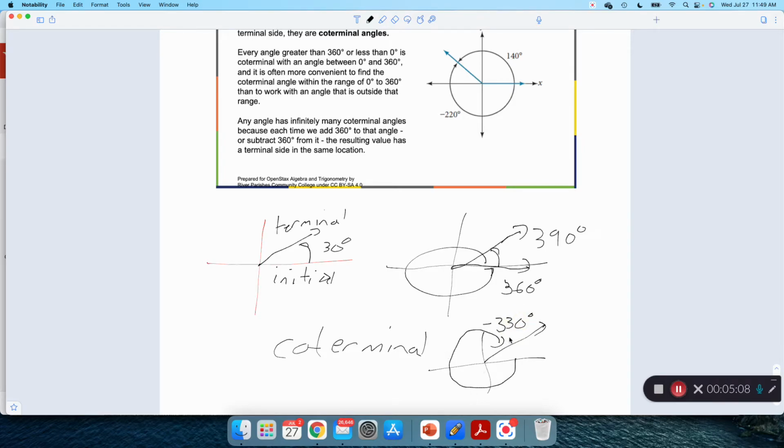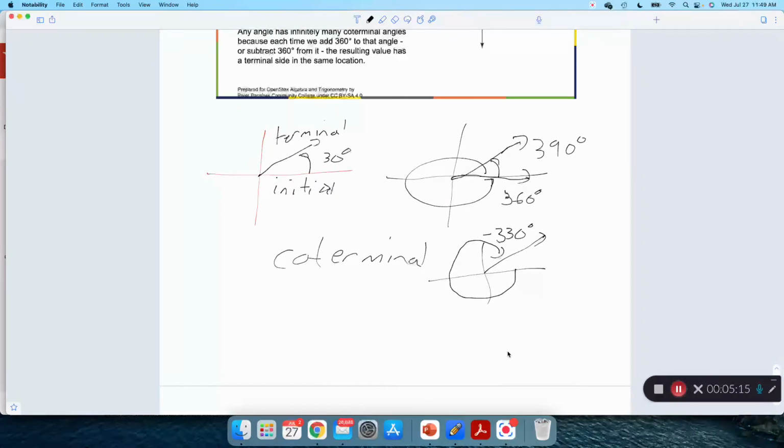Still started and ended at the same place, but it's a different angle. Now I'm rotating clockwise. Or if I wanted to, I could rotate around 7 times plus another 30. So maybe my angle is 7 times 360, whatever that is, plus 30. I'm still in the same place.